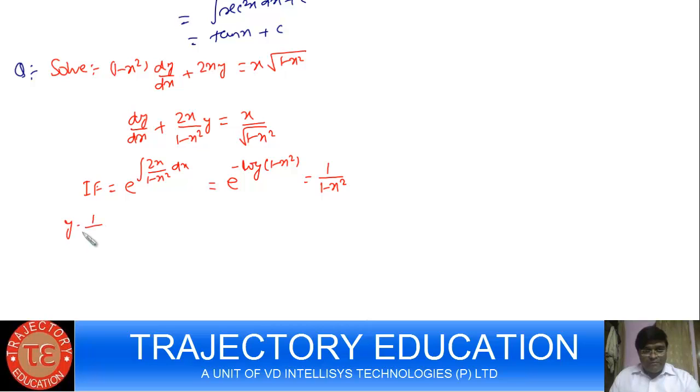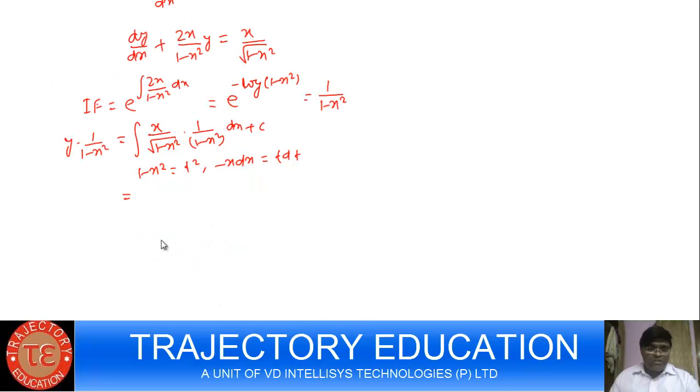So that will be y into I.F. equals to Q into I.F. dx plus c, that is y upon 1 minus x square equals integral of x upon (1 minus x square) to the power 3 by 2 dx plus c. So if I take 1 minus x square as t square, I can put minus x dx as t dt.